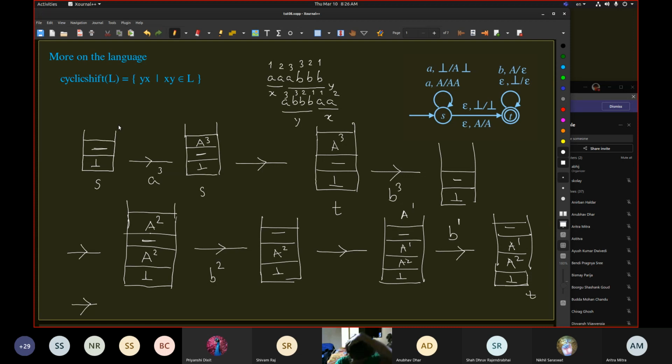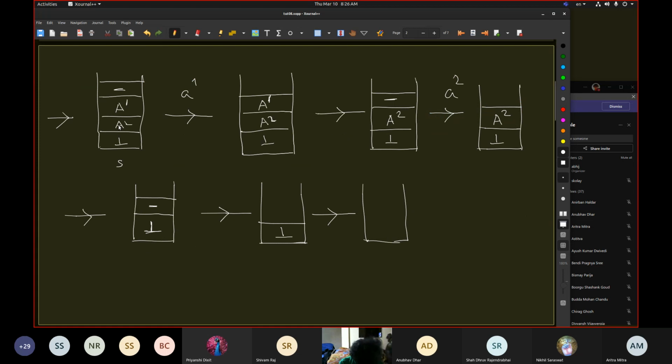Okay, so let me know if you have further queries. So I leave it as an exercise. Consider S can be epsilon or ASB or BSA or SS.